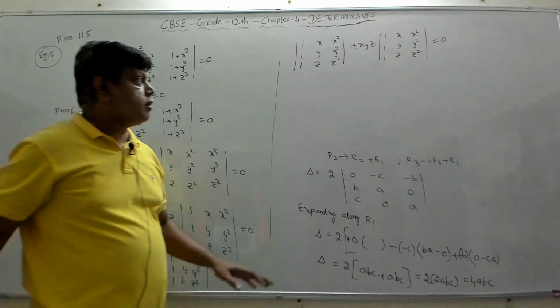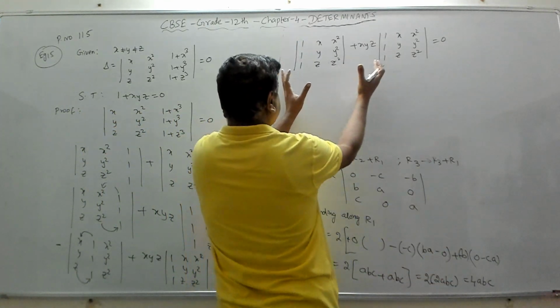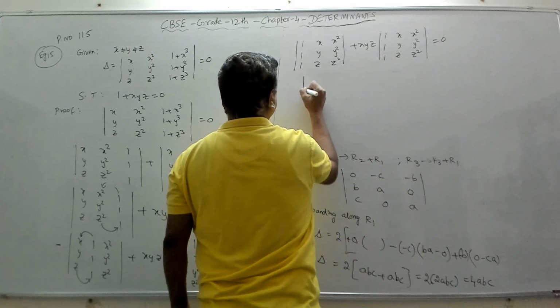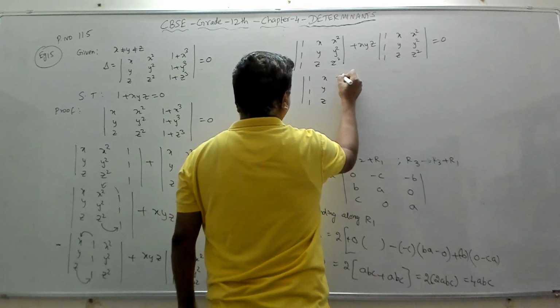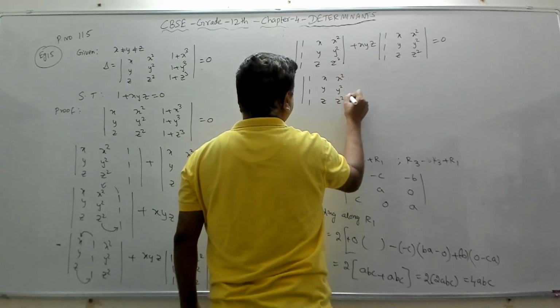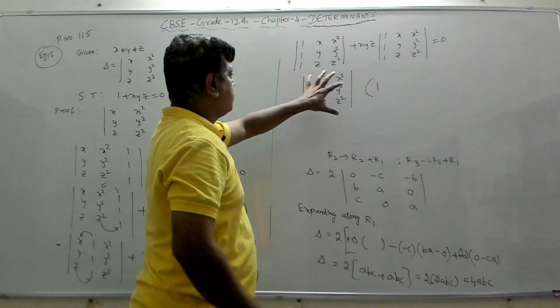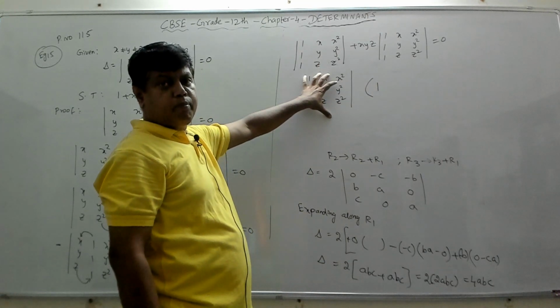We have made these two determinants the same, so it can be taken as common. If I take this determinant common, 1, 1, 1, x, y, z, x square, y square, z square is common. Then if I take this out, this will become 1, because this determinant into 1 will give me this. This determinant is nothing but a number.